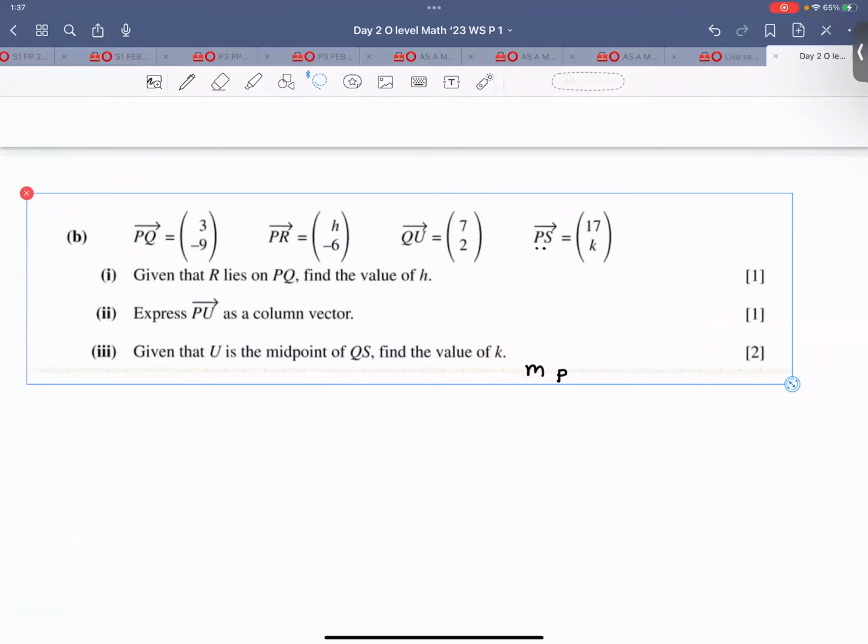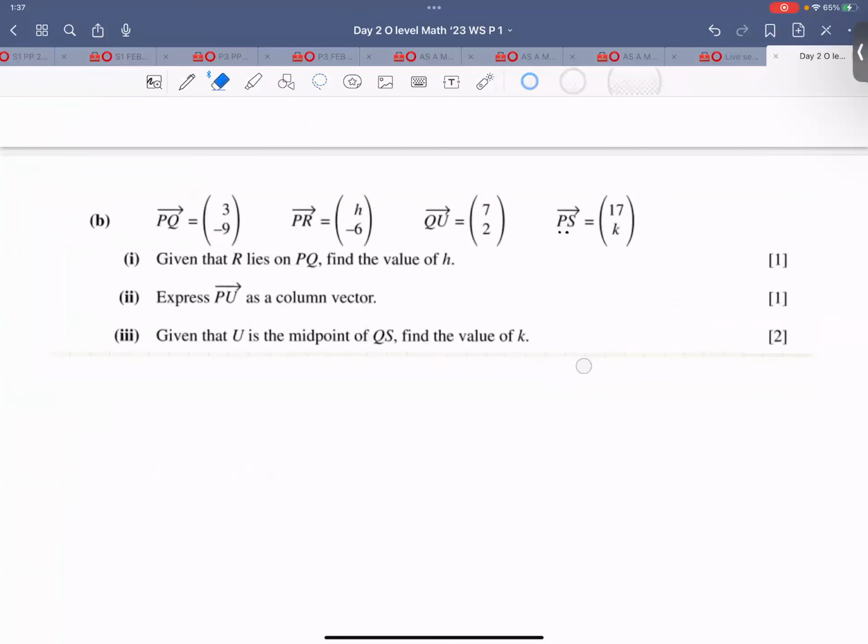That's right over here. That's good. And let us develop a link. First of all, we have QU, which is over here, and then we have US. Do we have US? No, but it's common sense.